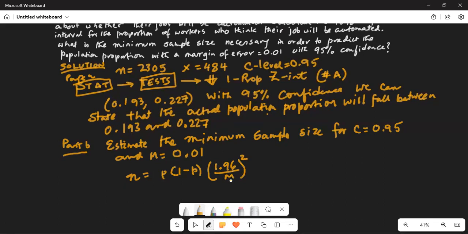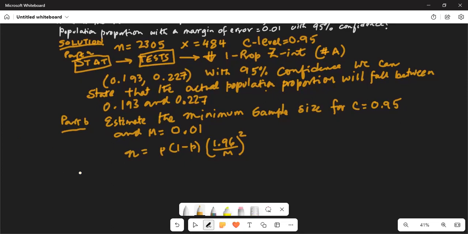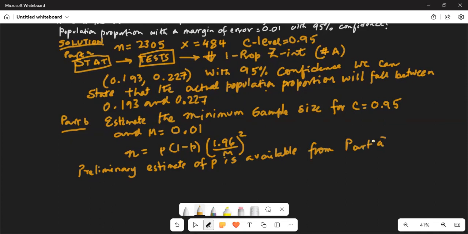Now, we have a preliminary estimate of the population proportion P from part A. Preliminary estimate of P is available from part A, which is the sample proportion, a single point estimate of the population proportion, which is X over N, which is 484 divided by 2305.